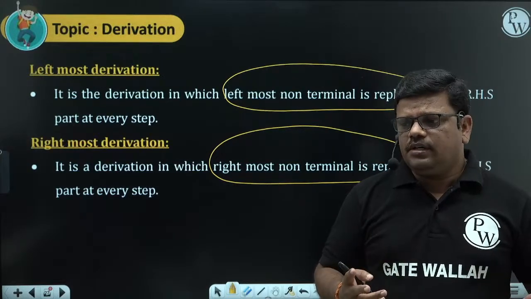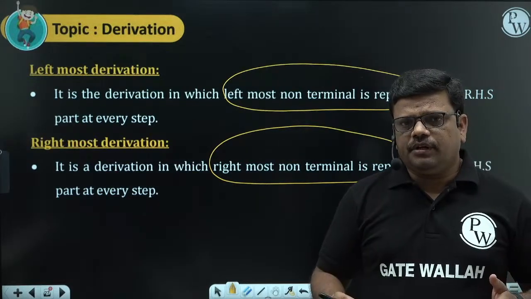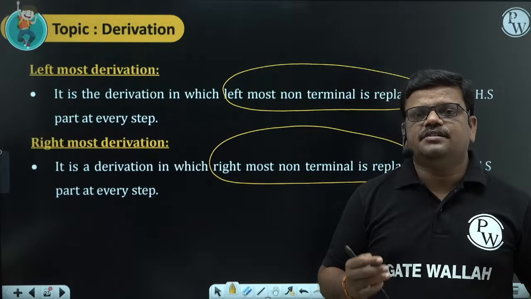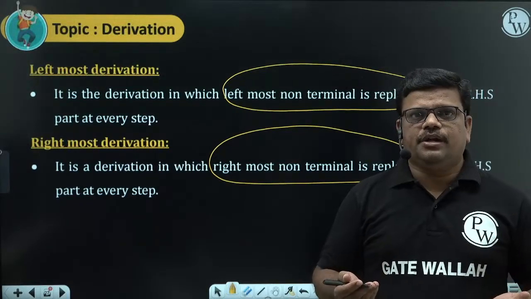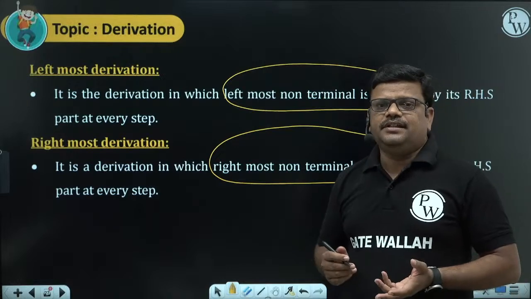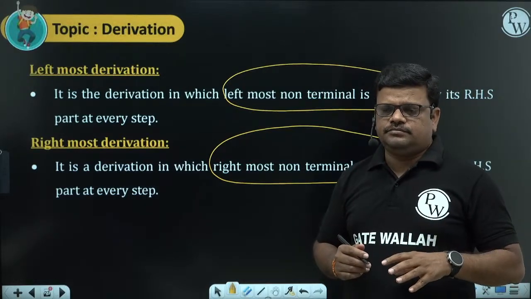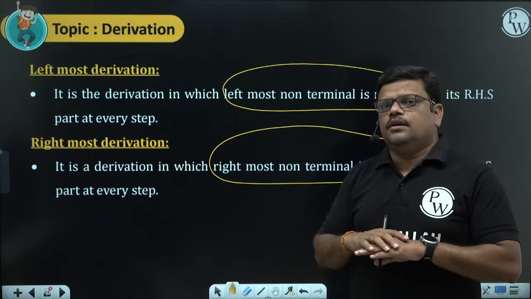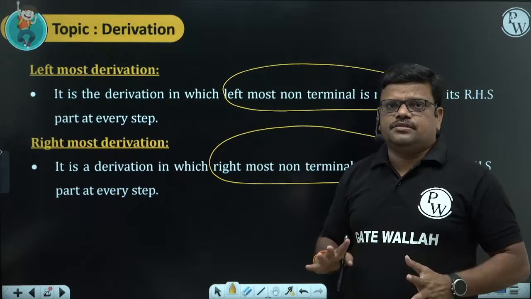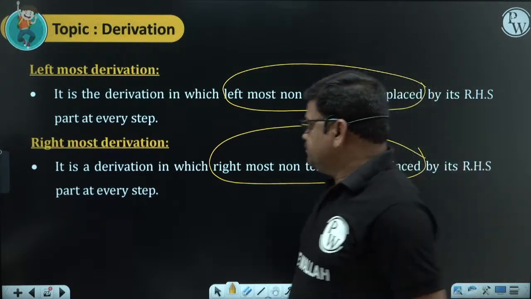So it depends on our requirement. Sometimes we can use leftmost derivation, sometimes rightmost. We cannot say only this one is good and that one is bad. There is no way of asking questions on this.